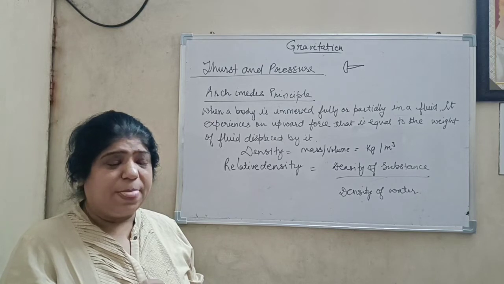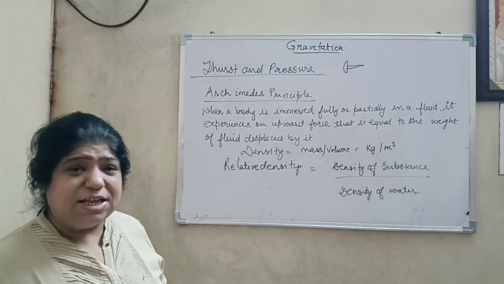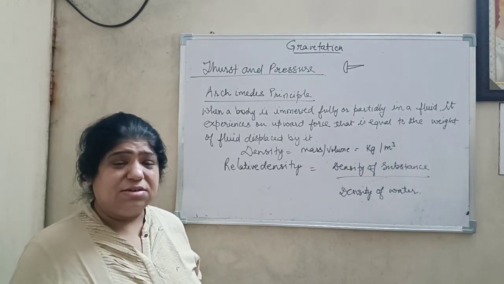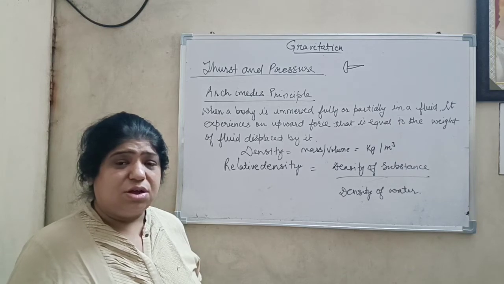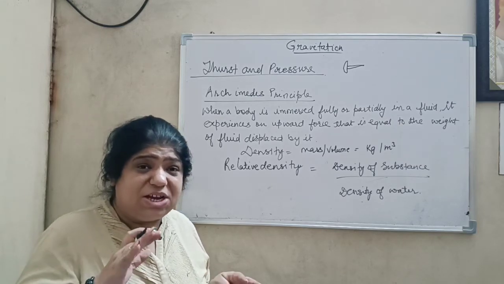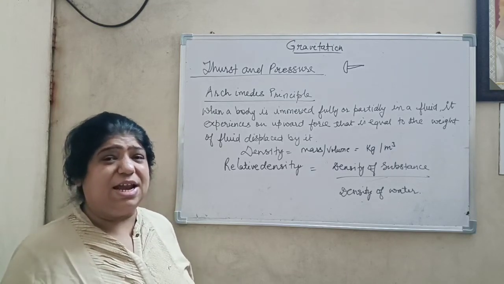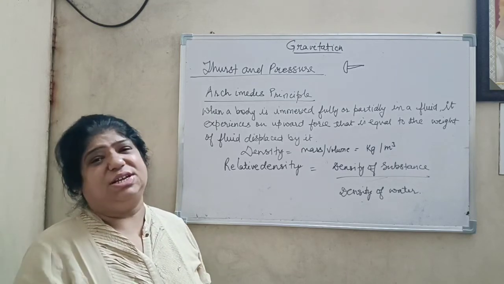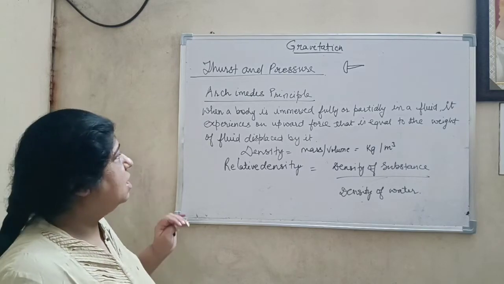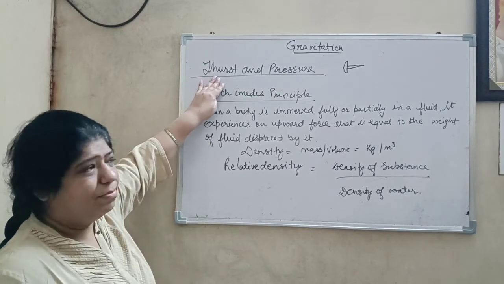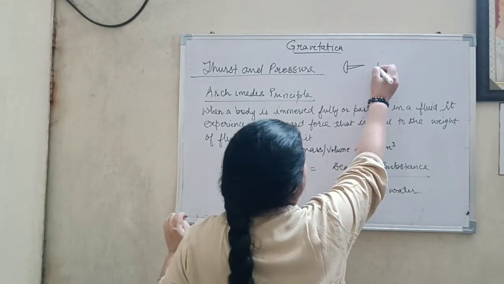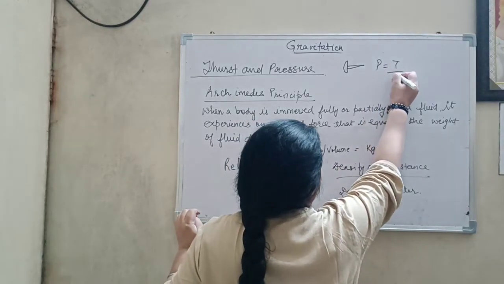Understood? When you are standing, the area is less, so the pressure is more, and the sand goes down. When you are sitting, the area is more, the pressure is less. This is the concept. The thrust is the same. Now pressure is equal to thrust upon area.